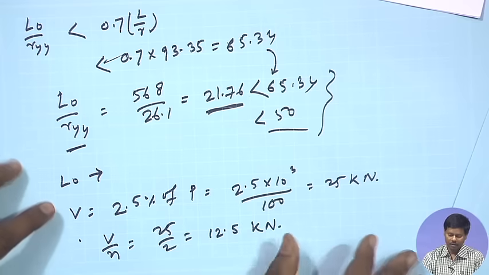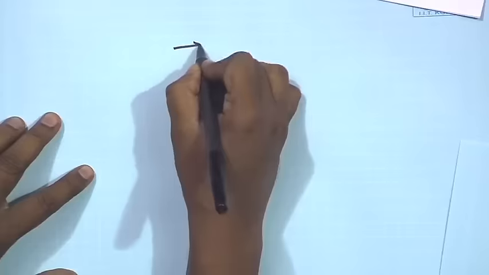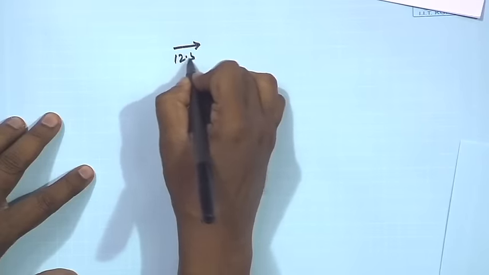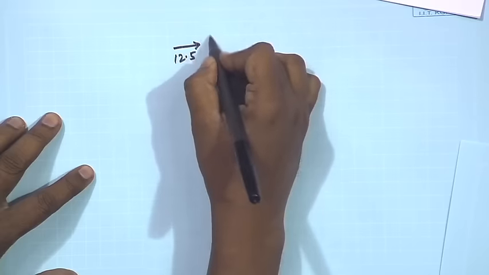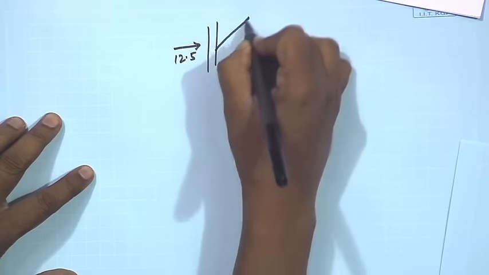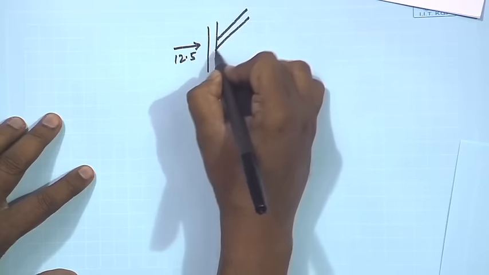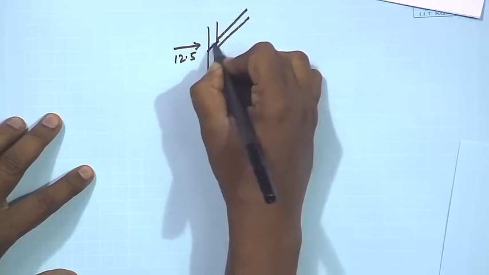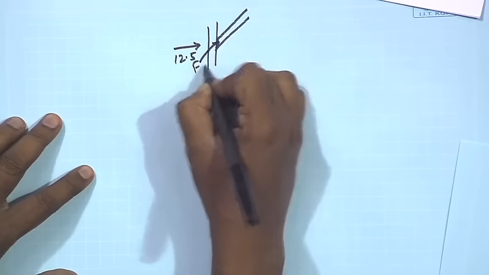right. Now, we have to find out the compressive force in the lacing bar. So V we are getting 12.5 kilonewton and we have to now find out the force on this member, right.